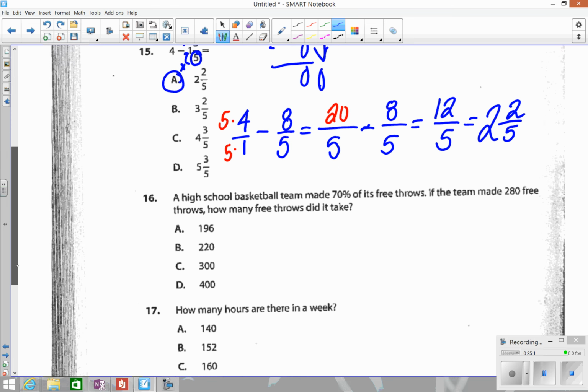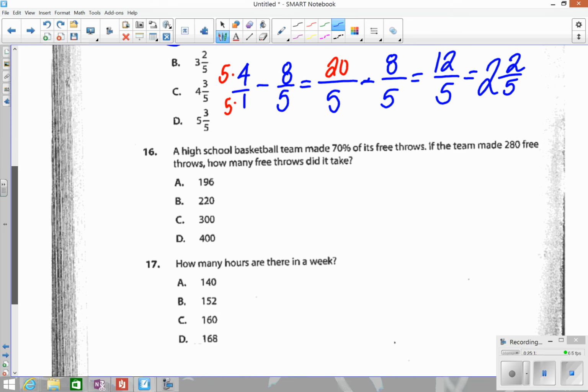All right. Next one here, we have a high school basketball team that made 70% of its free throws. If the team made 280 free throws, so they made 280, how many free throws did they take? So they're saying that out of the total number of free throws, they made 280 of them, which happens to be 70%.